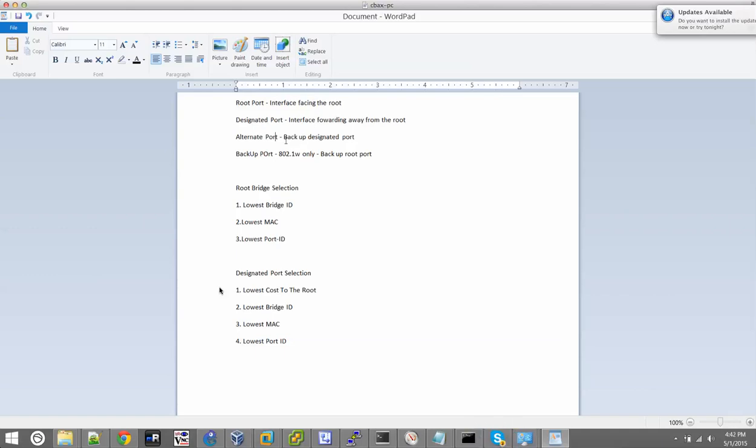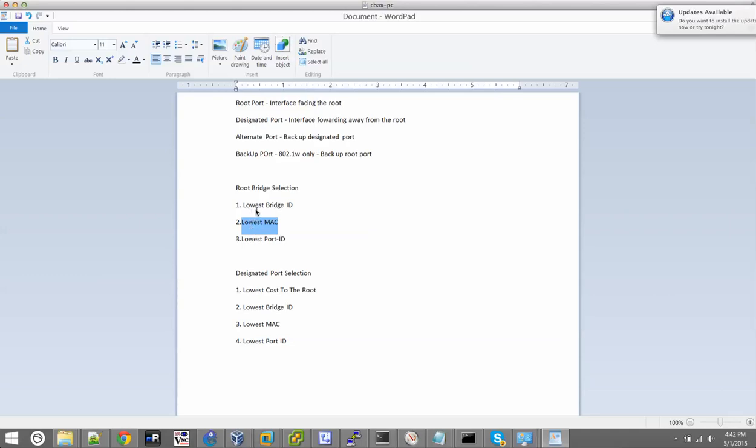All right, so we'll look at the root bridge selection. As we should know, the lowest bridge ID wins first, and the bridge ID is a combination of the bridge priority and the MAC address. By default the priority is 32768 on Cisco switches. If you have a tie on the bridge ID, then you'll end up going to the lowest MAC address, and these two are kind of folded together.